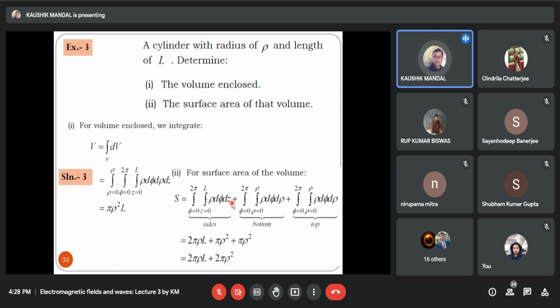There is d phi and dz, so the limit of phi is from 0 to 2 pi, z is from 0 to L. Similarly, for the bottom, there is only rho into d phi d rho. Phi is from 0 to 2 pi and rho is from 0 to rho. For the top, that will also be the same. So if you solve it, that will be the corresponding surface area of the volume.